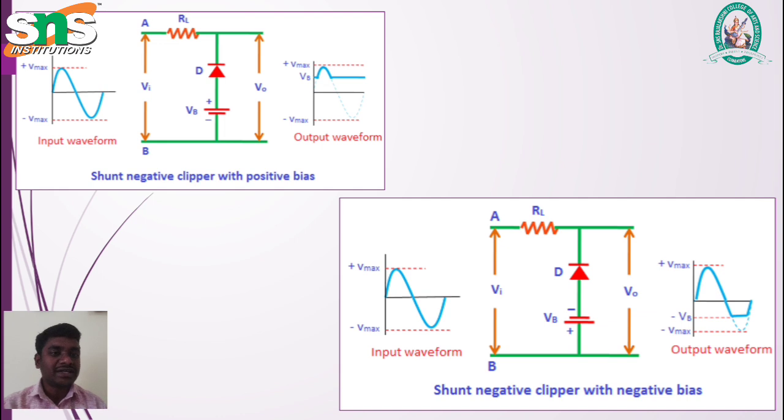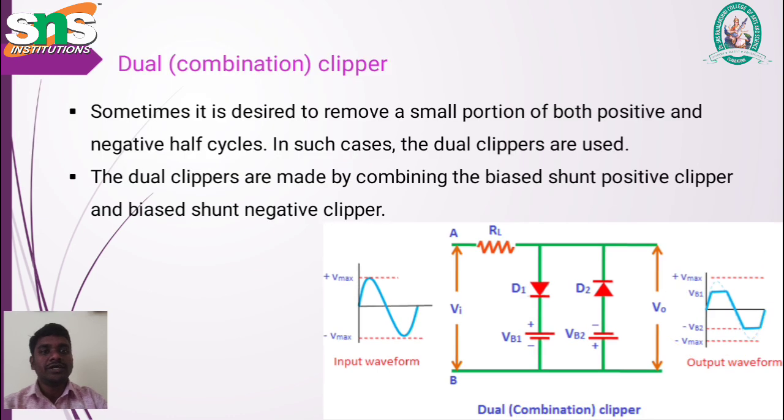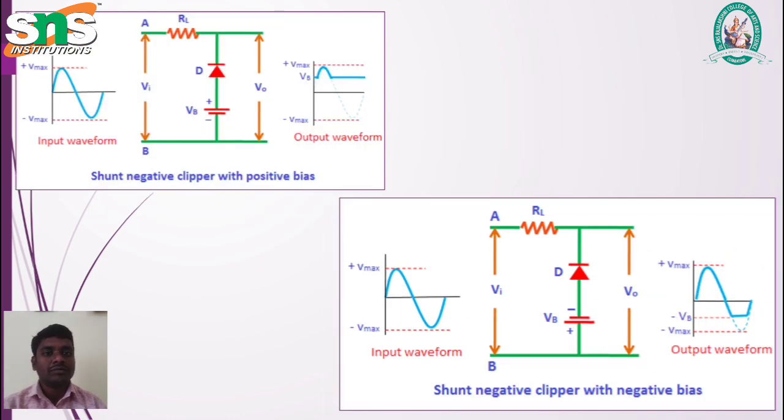If we use negative biasing, we get the full positive half cycle, and half of the negative half cycle is cut off, and we get a waveform like this. These are the shunt negative clippers with positive and negative biasing. So these are the shunt clipper circuits.